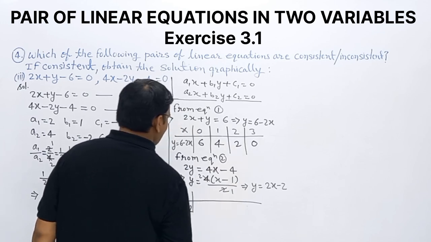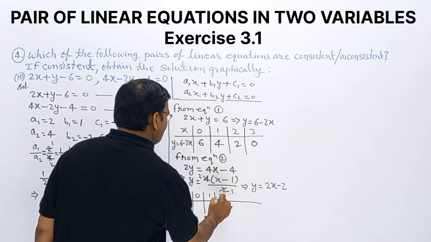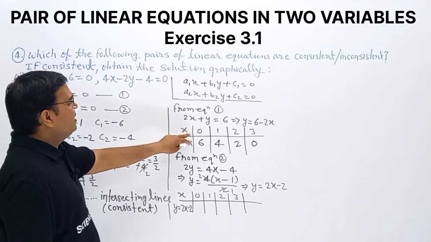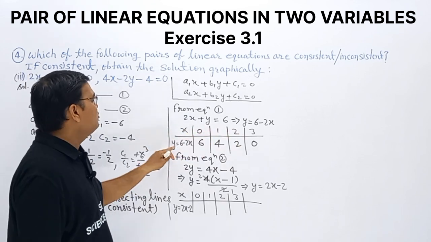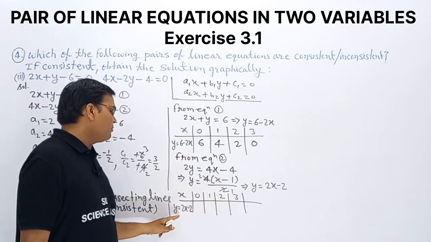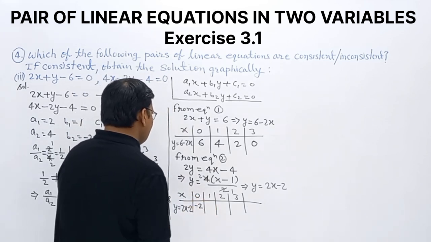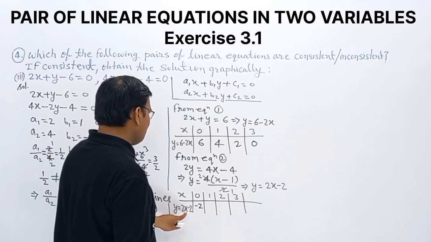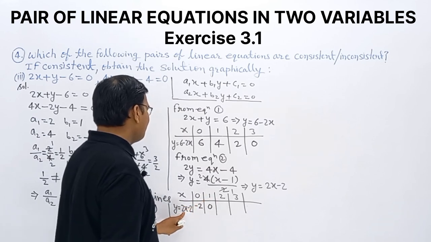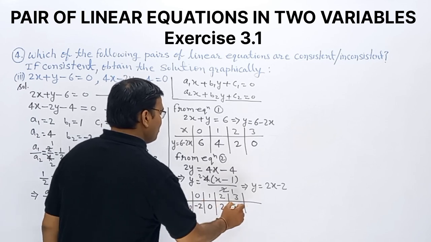I am taking the values of x as 0, 1, 2 and 3, the same as in the previous equation. For equation number 2, putting x equal to 0, we get minus 2. x equal to 1: 2 into 1 is 2, 2 minus 2 is 0. x equal to 2: 2 twos are 4, 4 minus 2 is 2. x equal to 3: 3 twos are 6, 6 minus 2 is 4.